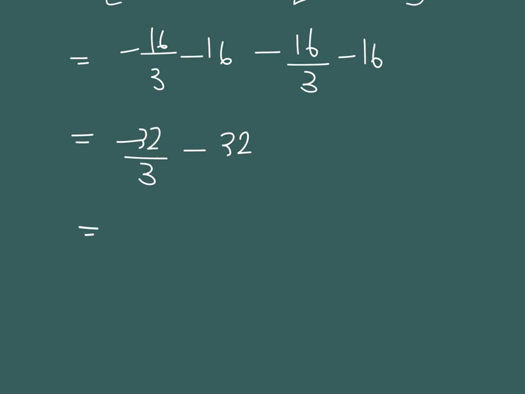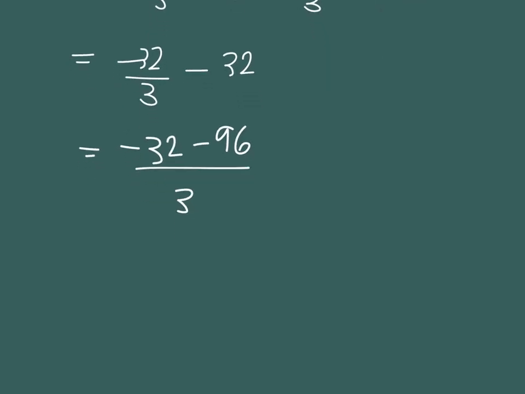So this is equal to over 3, negative 32 minus 96. What is 32 and 96 together? 128. Over 3. Okay?